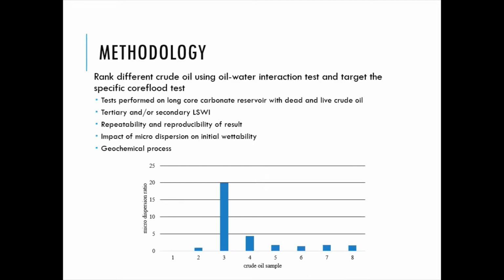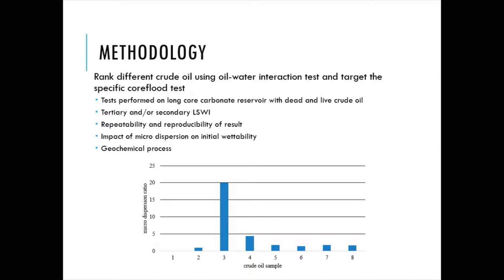For the experiments performed on carbonate rocks, we use different crude oils, but we kept the rock and the brine the same. We analyzed 8 crude samples, and you can see we have the micro-dispersion ratio plotted versus the crude oil number.